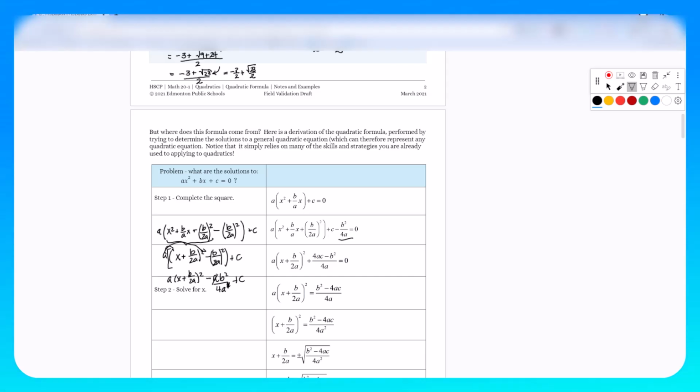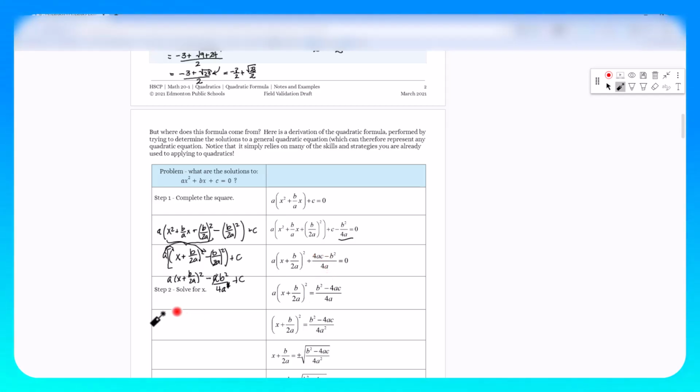The next thing they did is take the c value and put it over the common denominator of 4a. In common denominators, we multiply the number by the denominator to get it over, so it would be 4ac over 4a, minus b squared.